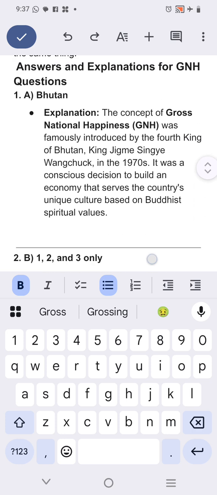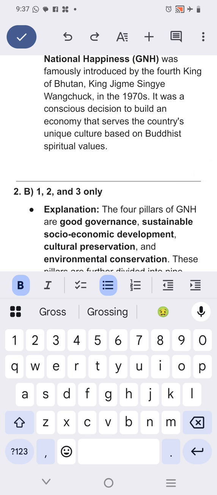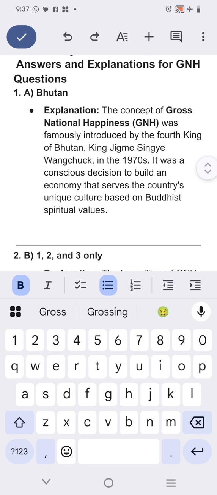We know it. Let's have a look at the fourth king of Bhutan, King Jigme Singye Wangchuk, in the 70s. This surname Wangchuk reminds me of Sonam Wangchuk, a great scientist on whose character Phunsukh Wangdu, popularly known as Rancho in Three Idiots, was based. Why am I discussing the word Wangchuk?